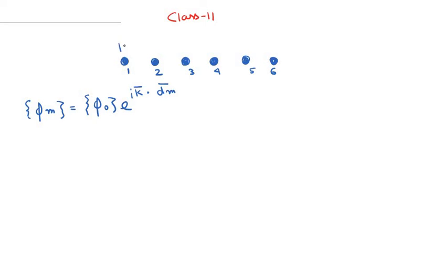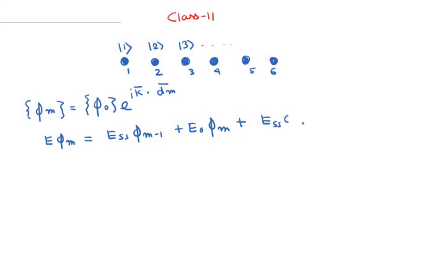So this is the wave function at position 1 or lattice point 1, then 2, 3, etc. Okay, in the three-dimensional case, the wave function may be given in this form, and the overall eigenenergy or the eigenstate can be solved by solving an equation of this form: E psi m equals to E SS psi m minus 1 plus E0 psi m plus E SS psi m plus 1.